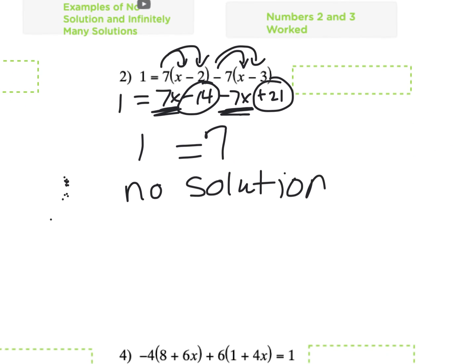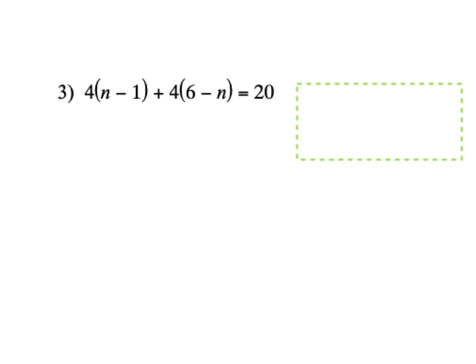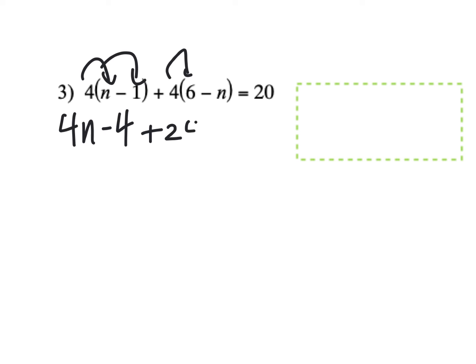Number 3 is kind of the same idea, but it's got a different spin to it. So number 3, I'm going to do the same thing where I distribute. So 4n minus 4, and then here is 24 minus 4n equals 20.